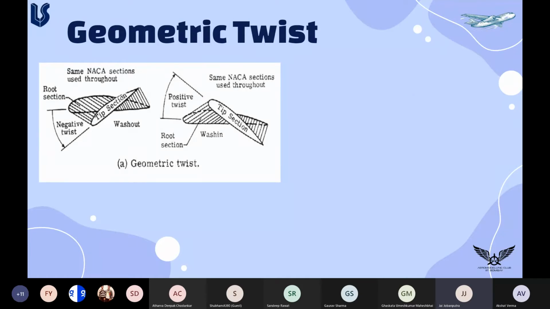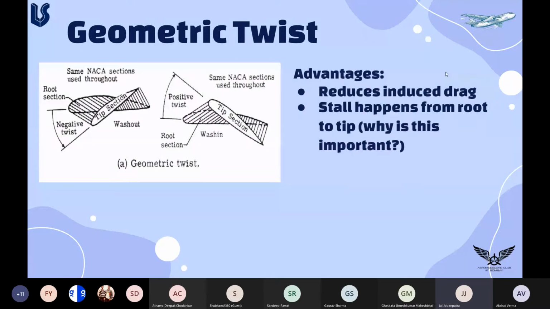We do not use positive geometric twist. That's not very beneficial. We'll discuss why, but we use negative ones, and it's a continuous distribution after that. I hope you get the idea. My words may not be very effective, so just have a look at the image.